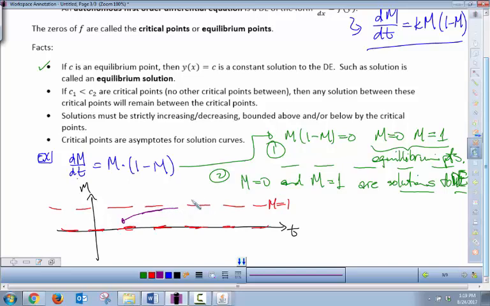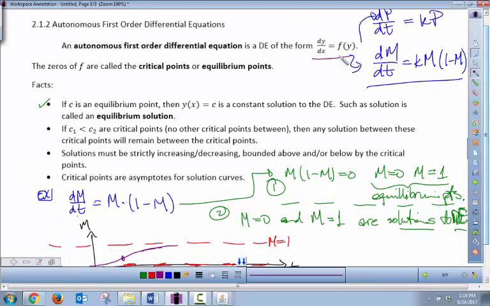It becomes a straight line at that point. It can't increase beyond that. And then if I go backwards, I'm not going to go below my critical point 0. Yeah, this is just for these special types of differential equations that look like this.